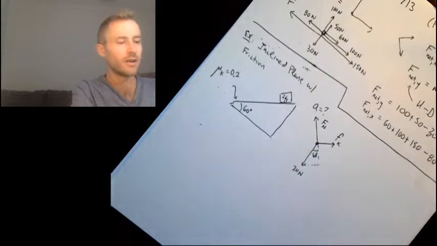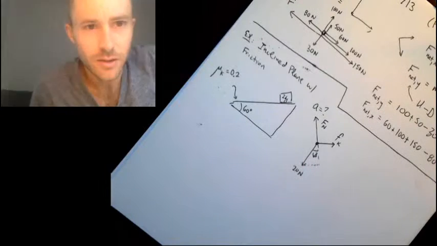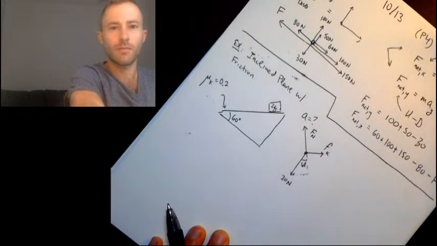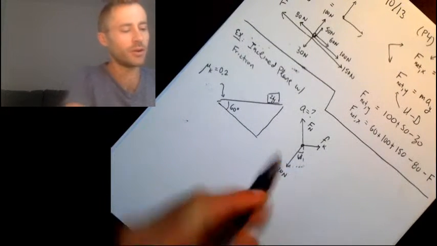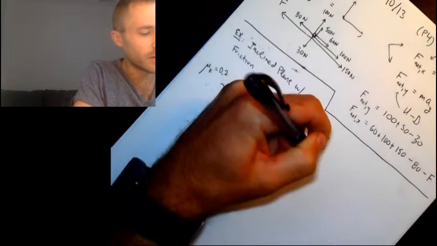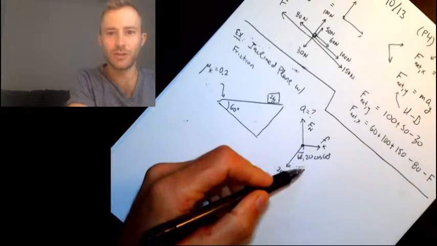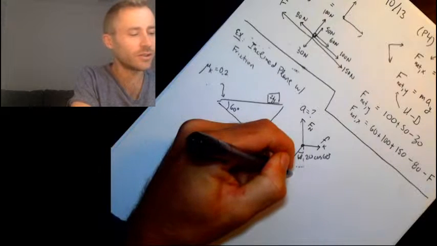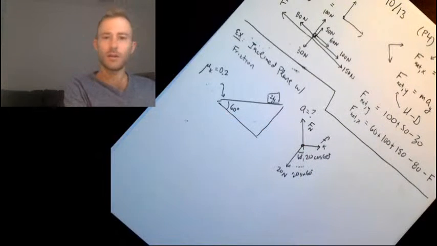Okay? And so now I've got to take that diagonal force and I have to break it into components. So this component right here would be 20 cosine of 60 degrees because it is adjacent to the angle. This one is going to be 20 sine of 60 degrees.